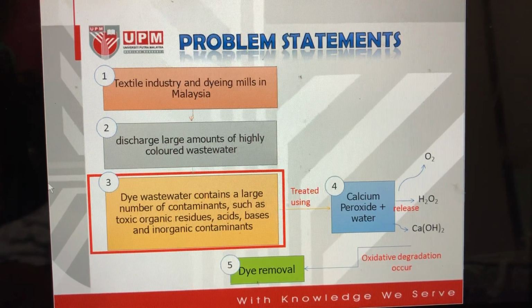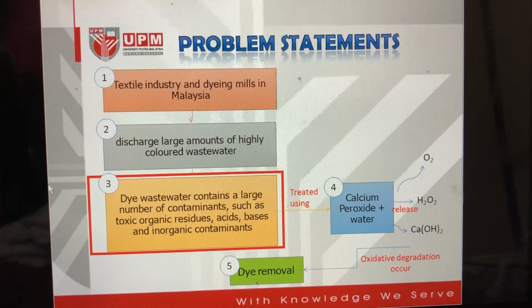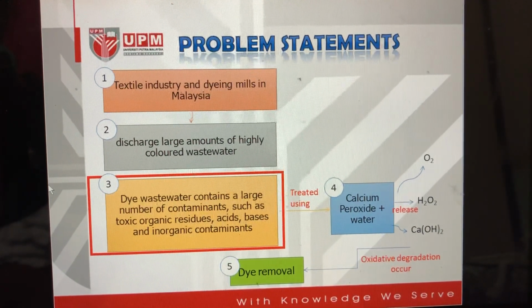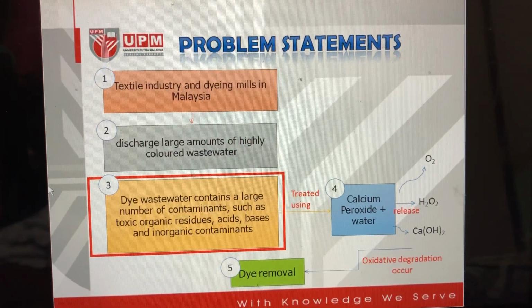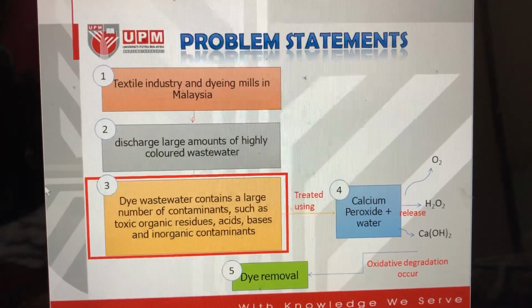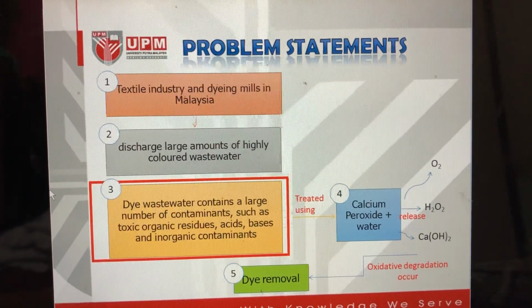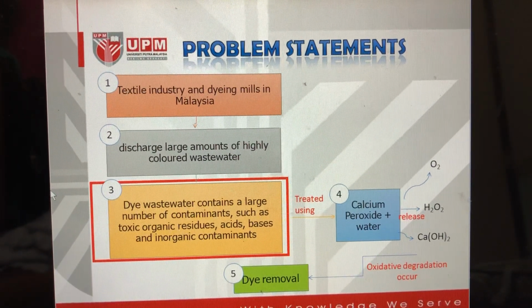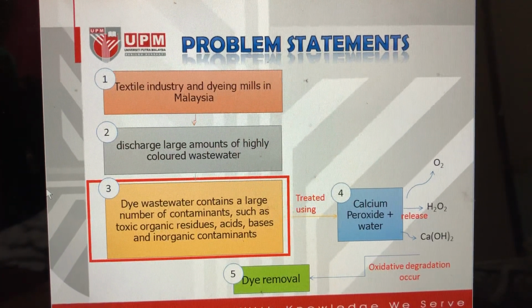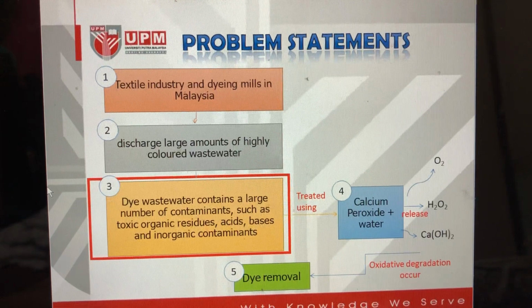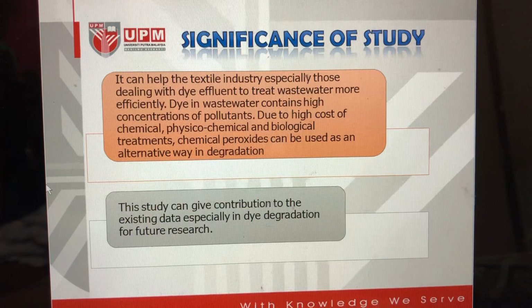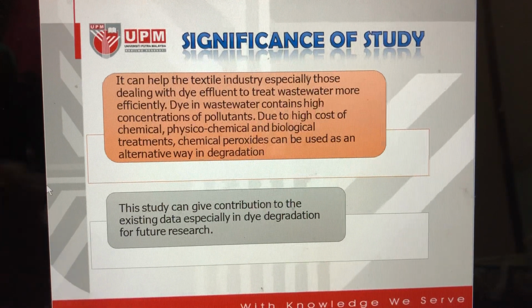Oxidative degradation of contaminants by calcium peroxide is a new method which can provide a good alternative for the decolorization and removal of dyes. The one that is in the red block is the major problem that is treated with calcium peroxide and water. So this is my significance of study.